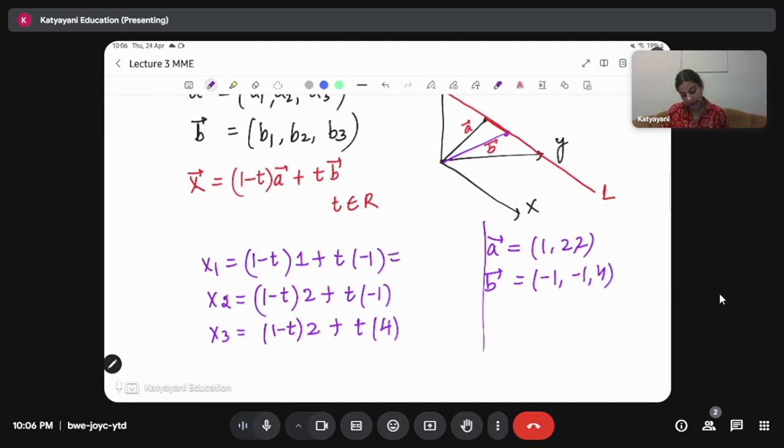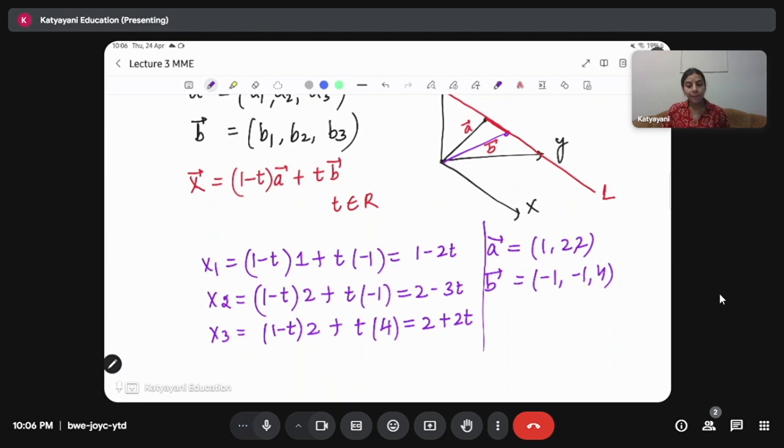I get x1 as 1 minus t minus t, which is 1 minus 2t, and x2 as 2 minus 2t minus t, which is 2 minus 3t, and for x3 I would get 2 minus 2t plus 4t, which is 2 plus 2t.